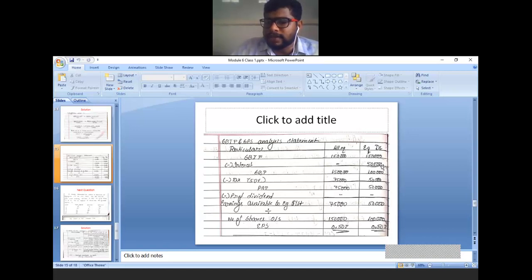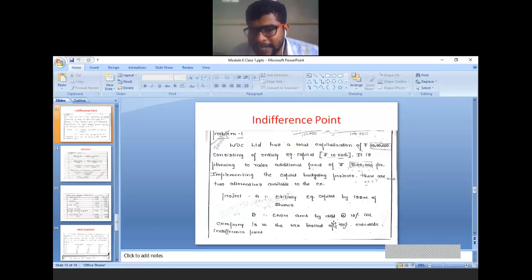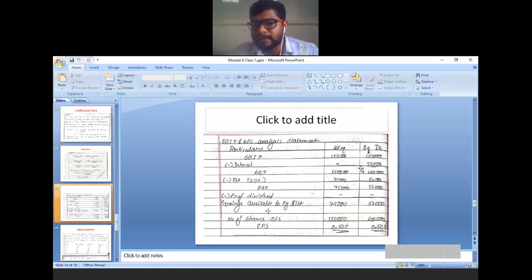Nil. In the second case, how much is the debenture capital? The entire amount is debenture capital, that means 5 lakh. So 5 lakh into how much percentage debenture interest? I think 10%. Yes, 10%. So 50,000 interest deducted. EBT is 1,50,000 minus 50,000, that is 1 lakh. The tax portion is 50%, so 50,000.